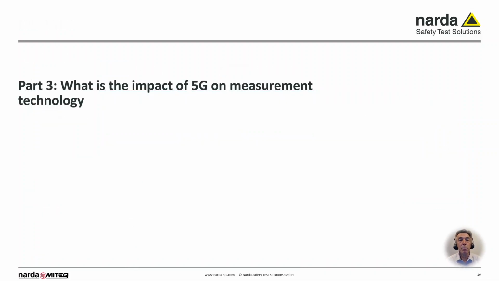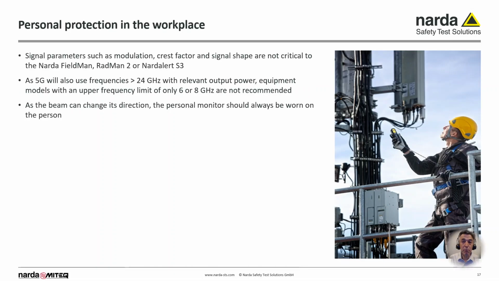So what is the impact of 5G on measurement technology? I mentioned it already. It's becoming maybe a little bit complicated. But let's first start with the personal protection of people at the workplace. And here we can say, those signal parameters, so the modulation and so on for 5G, are equivalent to the modulation of 4G.